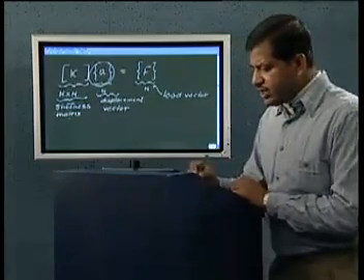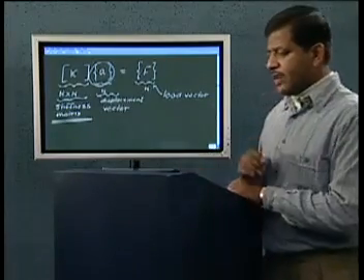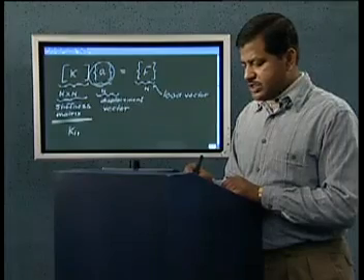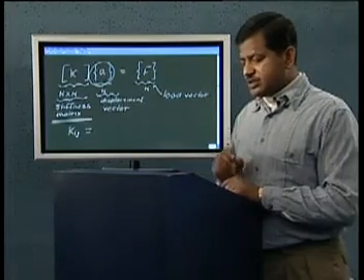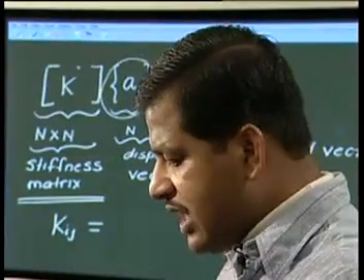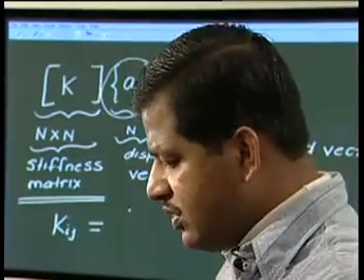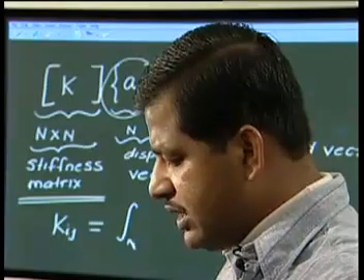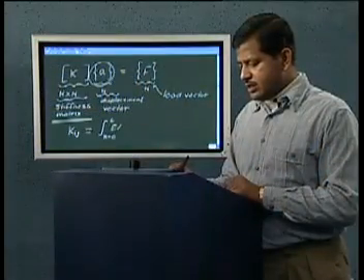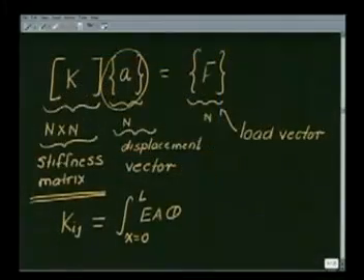Okay. Now let us look at this matrix. What are the entries of this matrix? So Kij, the element sitting in the ith row and in the jth column, will be equal to integral x equal to 0 to L Ea phi j comma x phi i comma x dx.